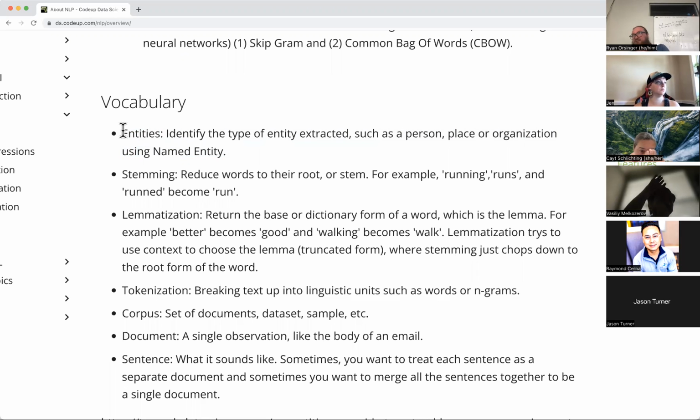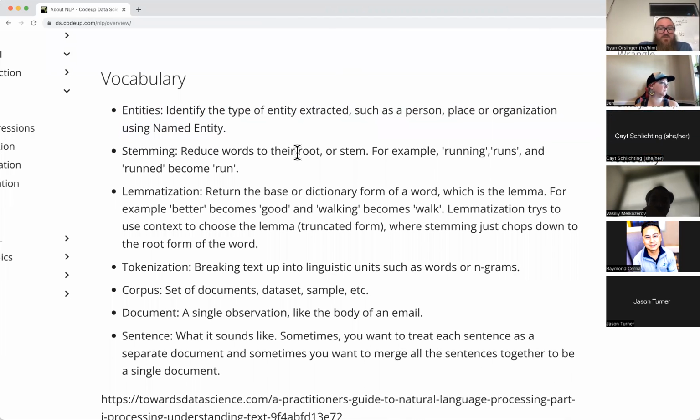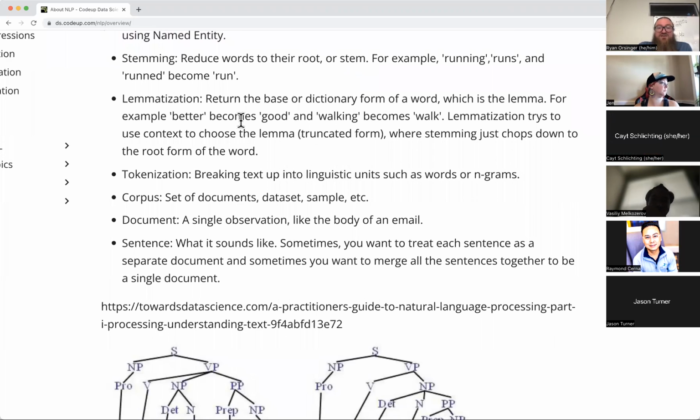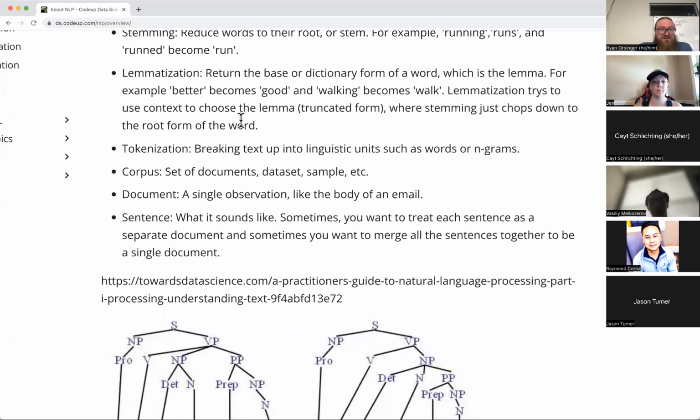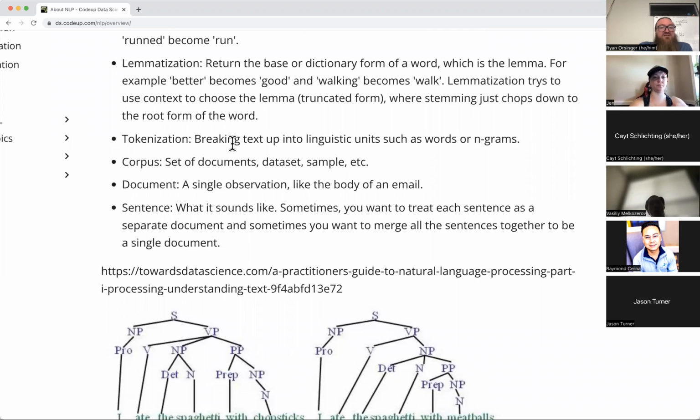It has some named entity stuff. I'm almost 100% sure spaCy does for sure. Hugging Face has a lot. Stemming and lemmatization are ways of getting to the root. Tokenization is breaking text up into linguistic units like words or n-grams.